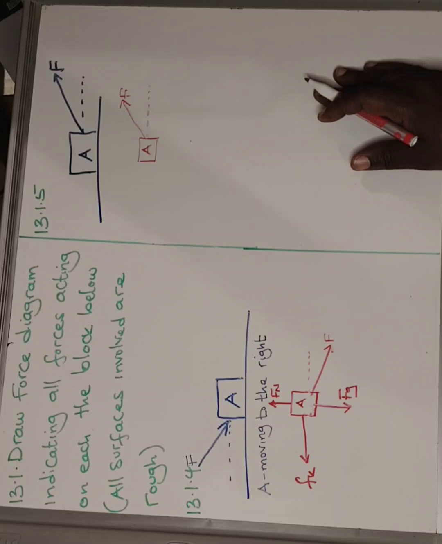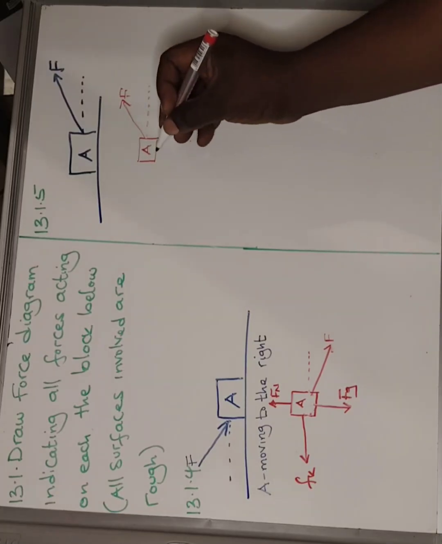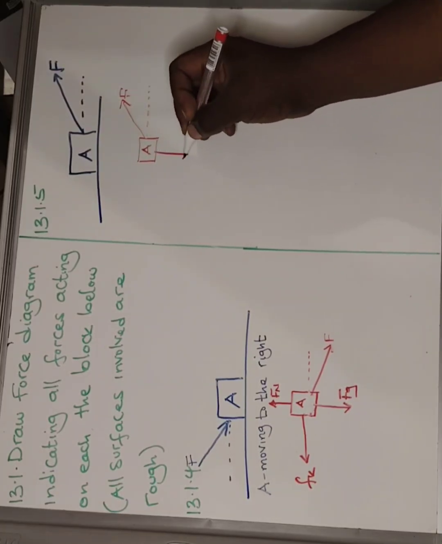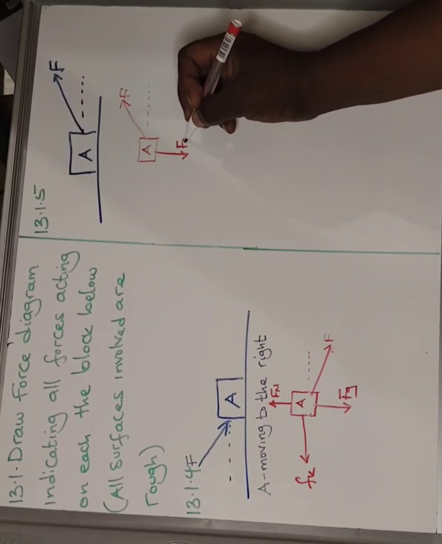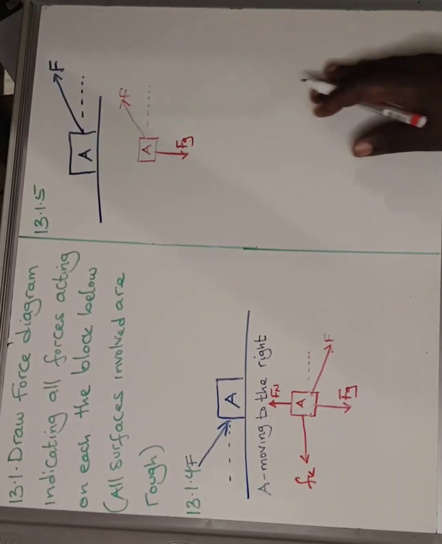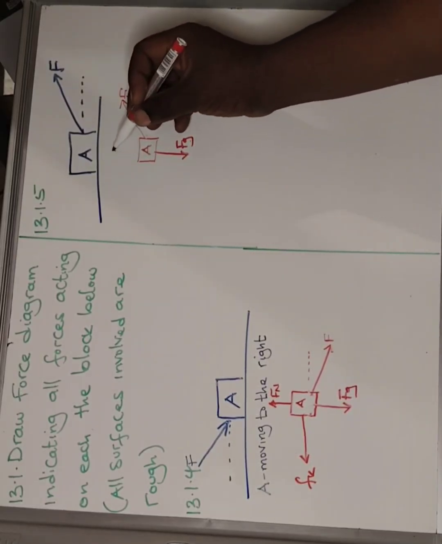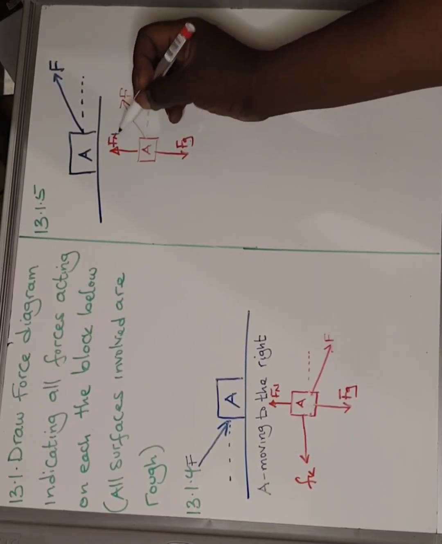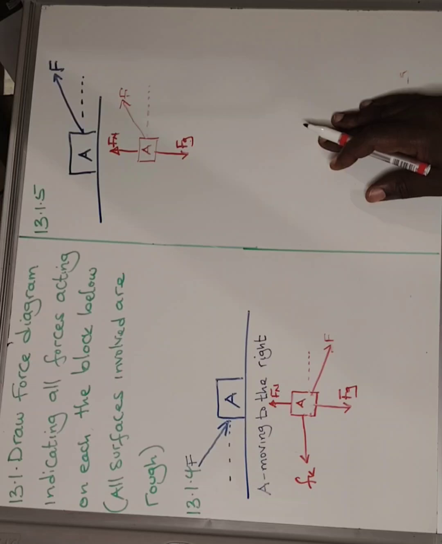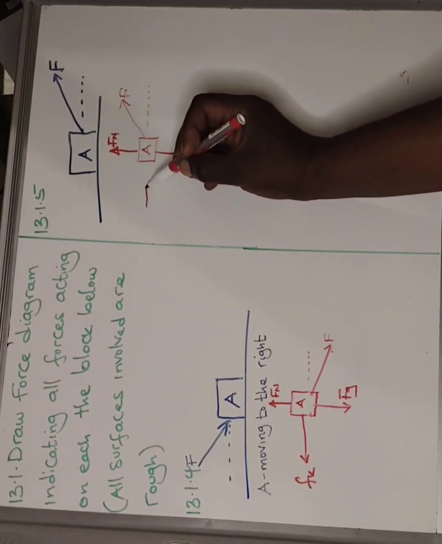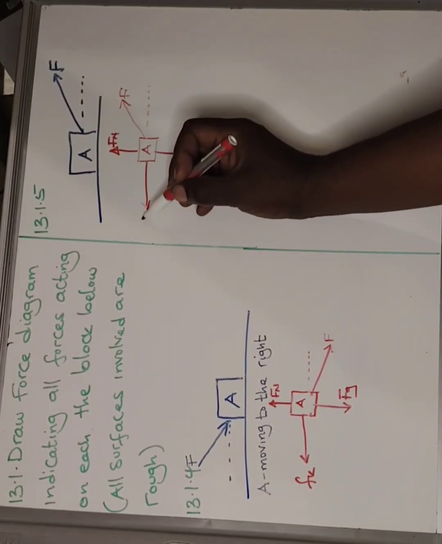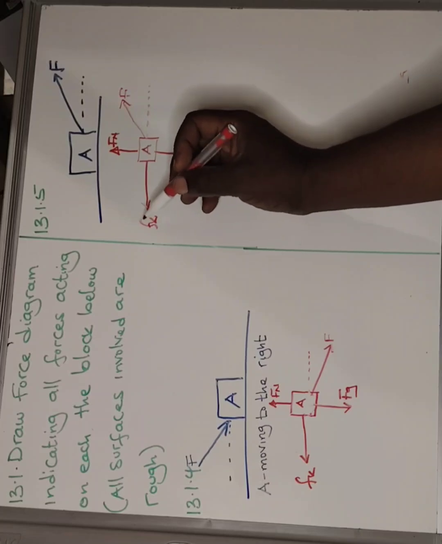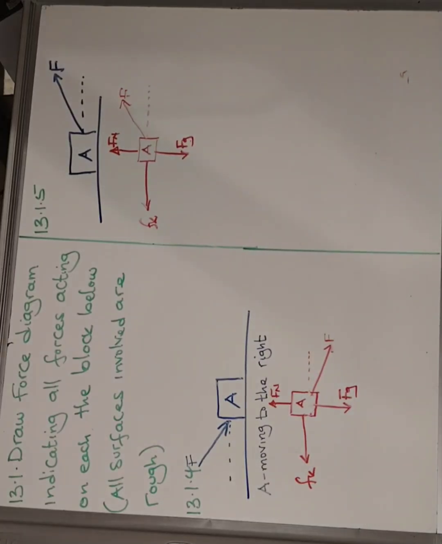And what do we know? We have our Fg acting as usual, downwards. The body is sitting on the ground, so we have Fn. And the surface is rough, so we have Fk.